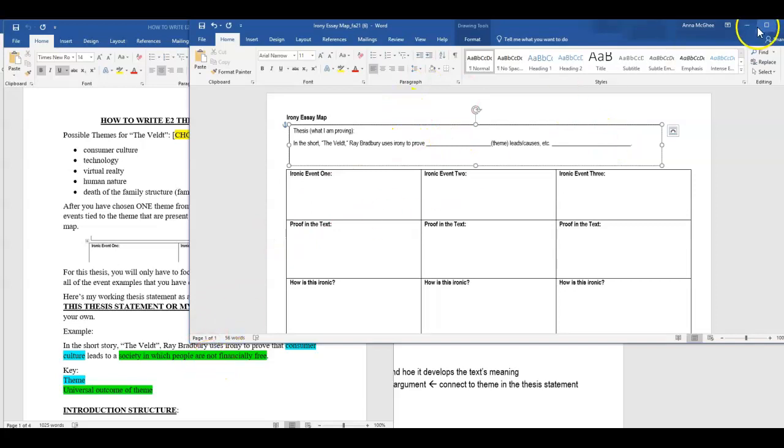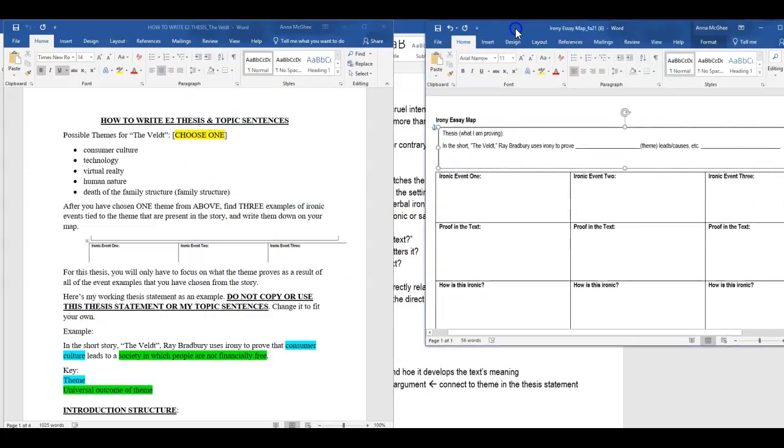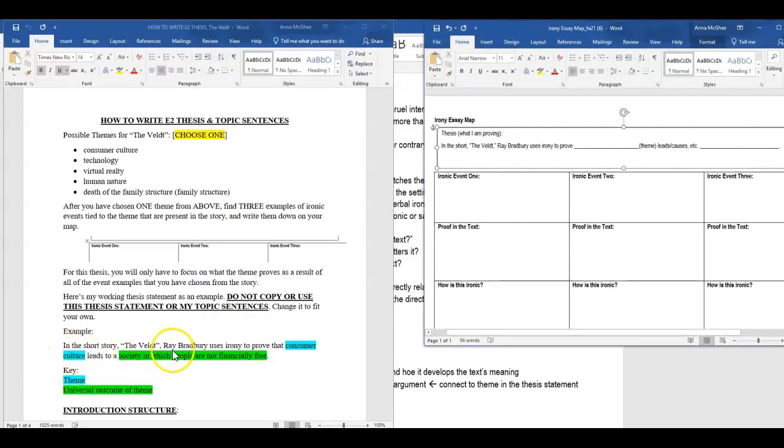Let's take a look at my example, which you cannot copy, so please don't copy it. My example says, in the short story The Veldt, Ray Bradbury uses irony to prove that consumer culture leads to a society in which people are not financially free.